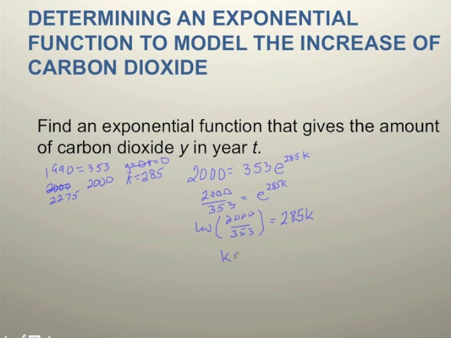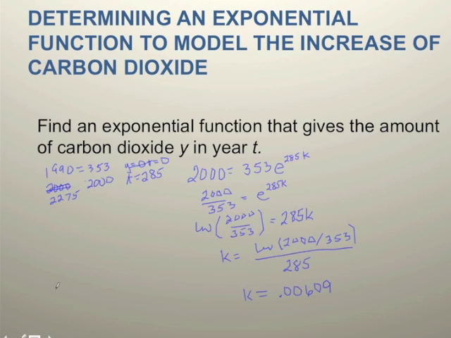Now k will be the ln of 2,000 divided by 353, and that whole thing divided by 285. So k turns out to be, the value we're going to use, approximately 0.00609.